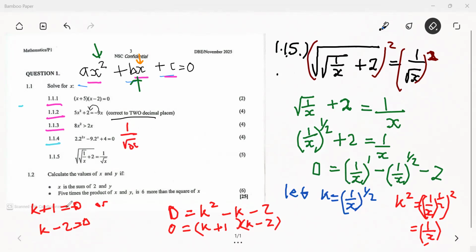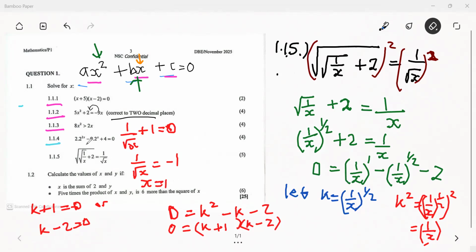So I'm going to take the first equation: 1 over square root x plus 1 equals 0. I'm going to solve that. 1 over square root x is equal to minus 1. Multiply by square root x on both sides, and then square both sides. You end up with x equals 1.